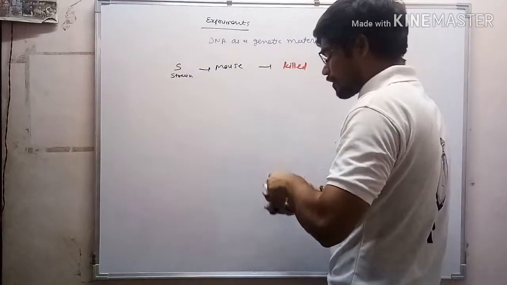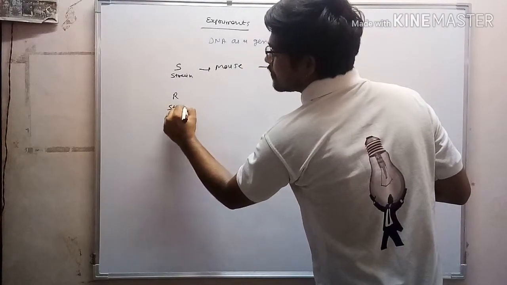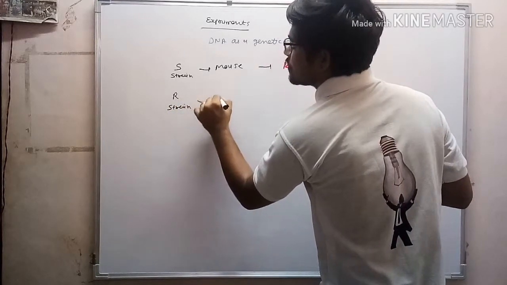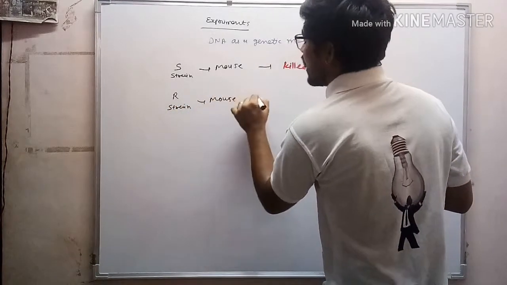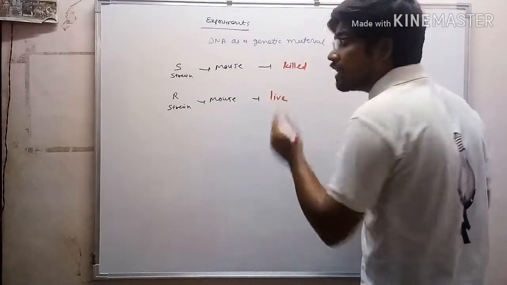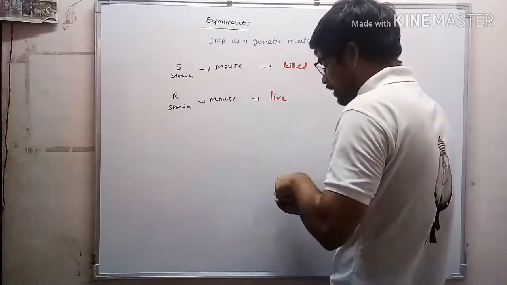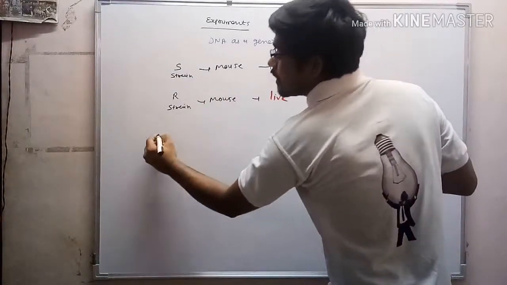Now after this, we inject the R strain into the mouse. After some incubation time, the mouse is still alive and no infection or pneumonia was found. Then what did he do?